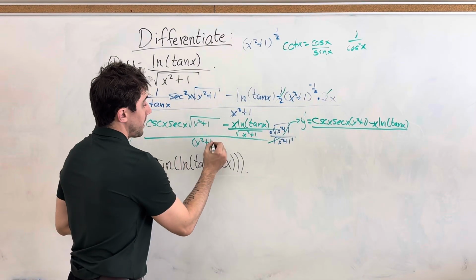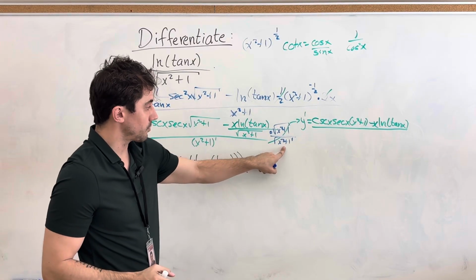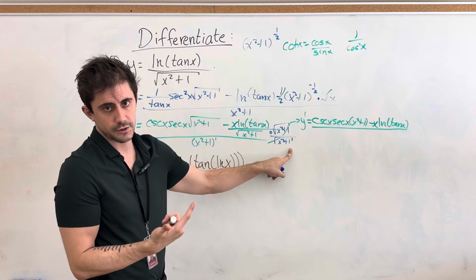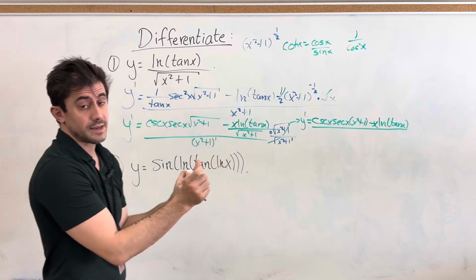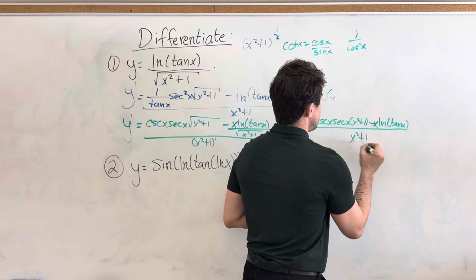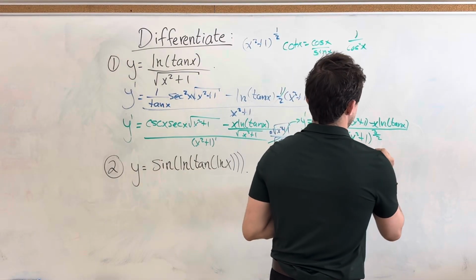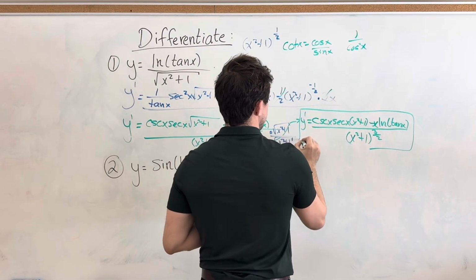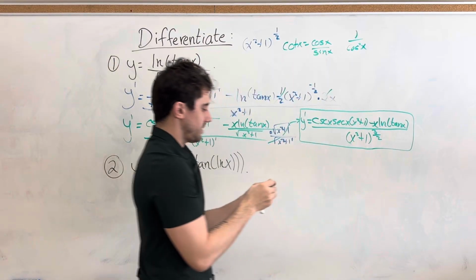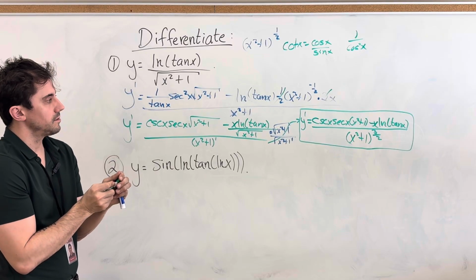I'll remind you, that's like x squared plus 1 to the 1 times x squared plus 1 to the 1/2 for the square root. And so when we multiply by the same base, we add exponents, right? Classic exponent laws. And so our denominator is therefore x squared plus 1 to the 3 over 2. And here is the cleanest expression I think we could have for y prime.